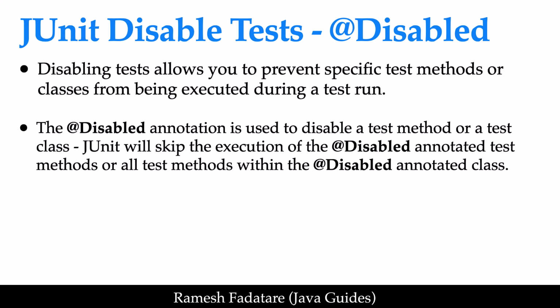The @Disabled annotation is used to disable or skip a test method or a test class. JUnit will skip the execution of @Disabled annotated test methods or all test methods within a @Disabled annotated test class. Whenever you want to skip some of the test methods, you can annotate those test methods with the @Disabled annotation, and you can also skip all the test methods within a class by annotating that class with the @Disabled annotation. We will see an example of how we can achieve all these things.